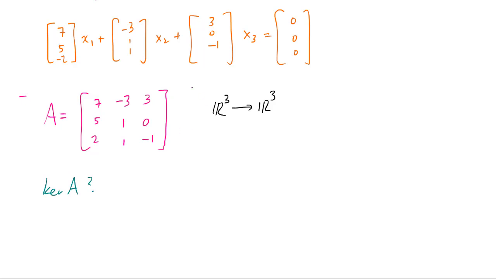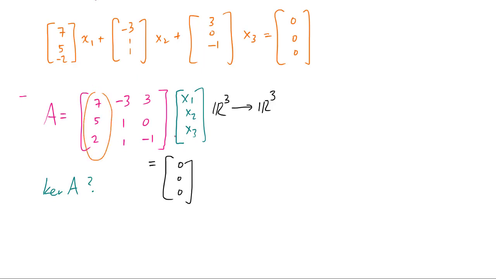So just in case you've forgotten, the kernel of A are all the vectors (x1, x2, x3) in the domain, such that when we apply the matrix to that vector, we get the 0 vector. And now realize, because e1 is being sent to (7, 5, 2) under this map given by A, and e2 is being sent to this column, and e3 is being sent to this column, if we apply A to (x1, x2, x3), this entire quantity is exactly going to be the quantity that we wrote down here.